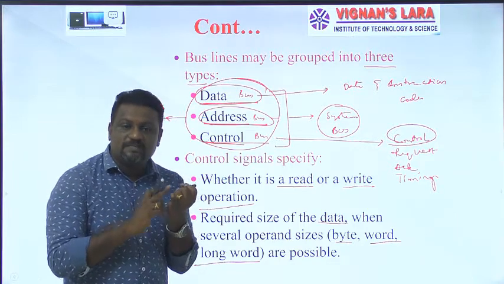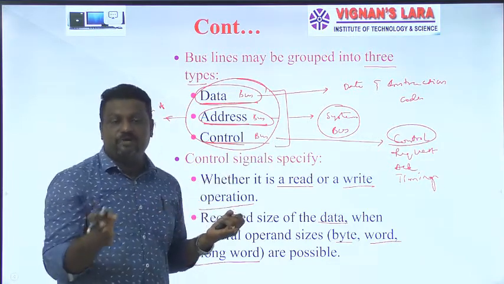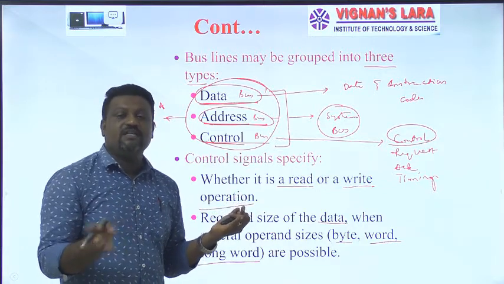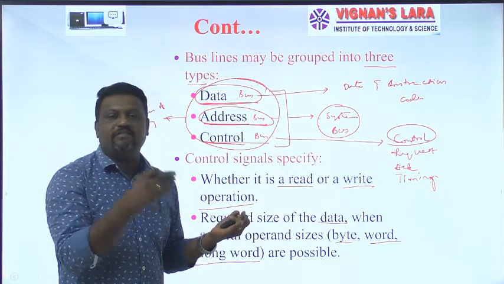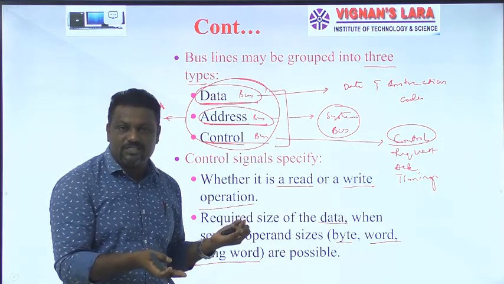So the control signal specifies the first information, that our operation is either read or write. The second thing is what your data size is: the data involved in the operation is in terms of bytes, words or long words.